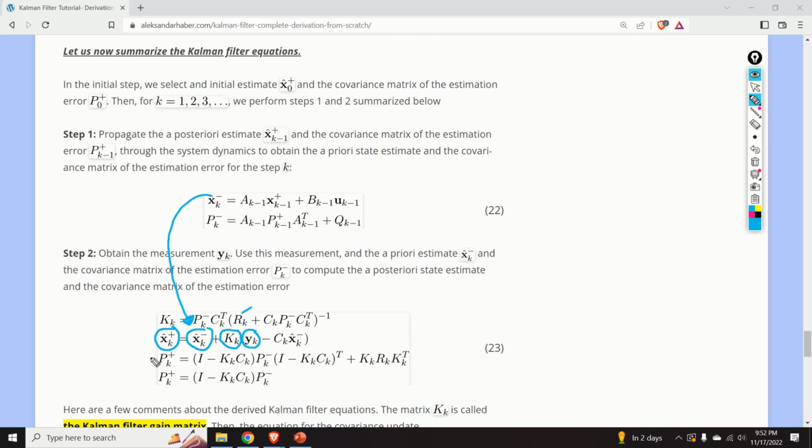And then we simply update our a priori covariance matrix. With the system dynamics, we perform several matrix multiplications and we compute the a posteriori covariance matrix of the estimation error. And that's it. So again, time propagation and the recursive least squares method. These steps are performed iteratively.